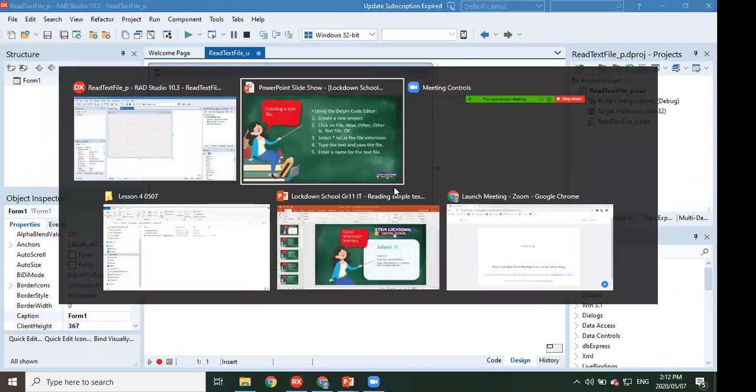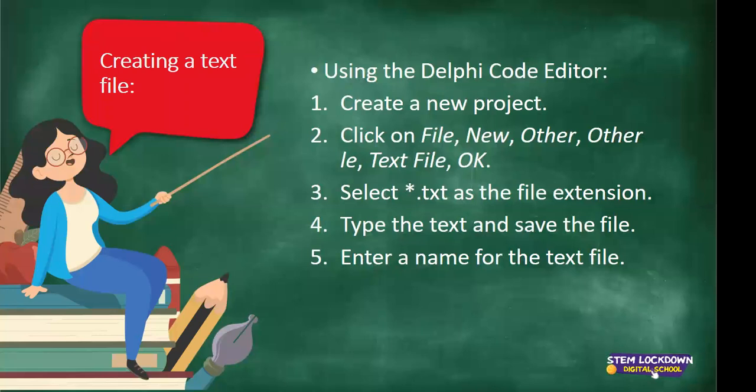Okay, so we've got our new project. Now we're going to create our text file, and we do that by going to File, New, Other, and then Other File. Let's see if we can find that.